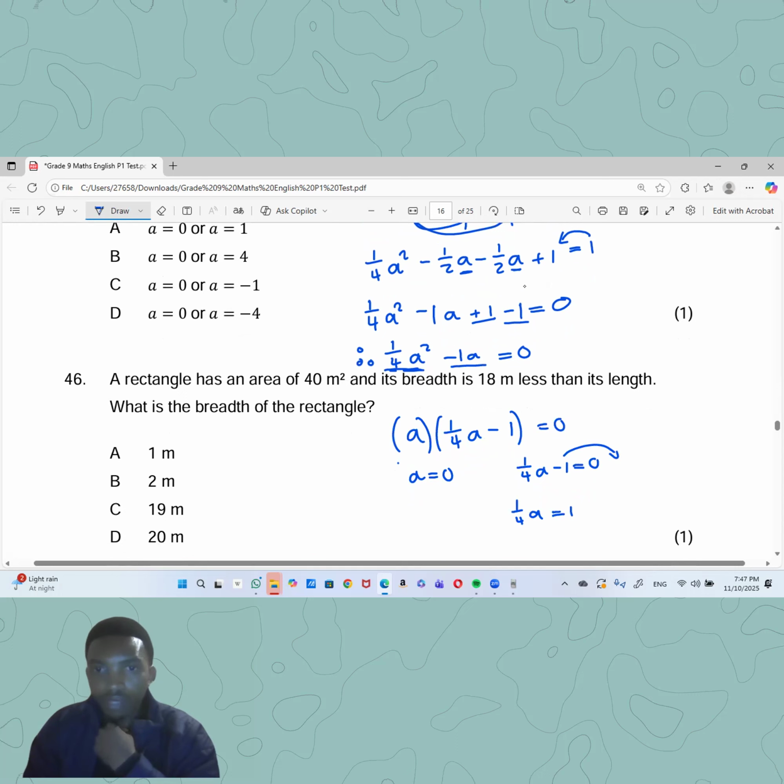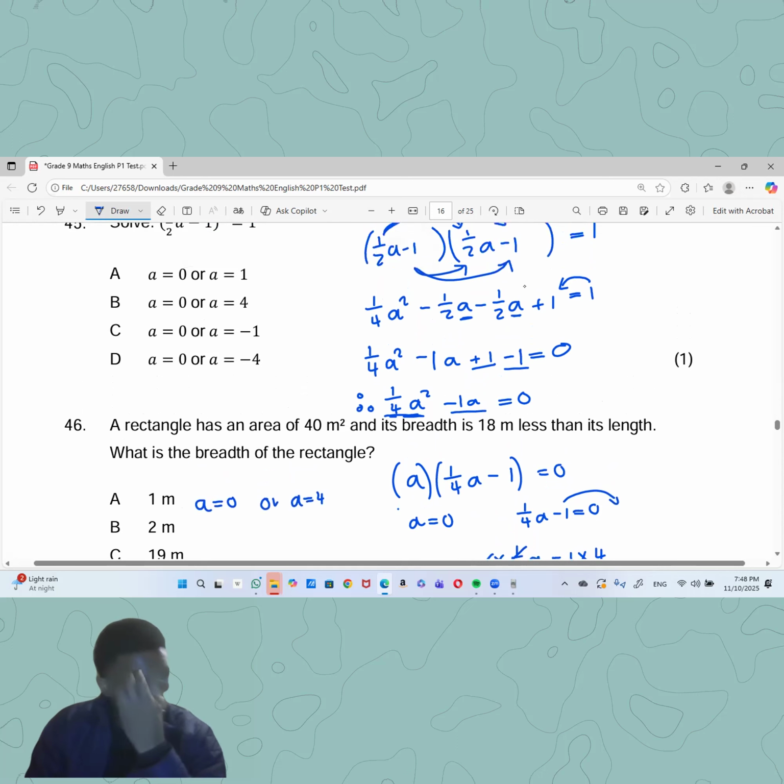It is 4. So we multiply this side by 4. Whatever we do on that side, we should also do on the other side. So this cancels that. a is equal to how much? 4. Meaning our answer, a is equal to 0 or a is equal to positive 4. So which one is that? B. Yes.